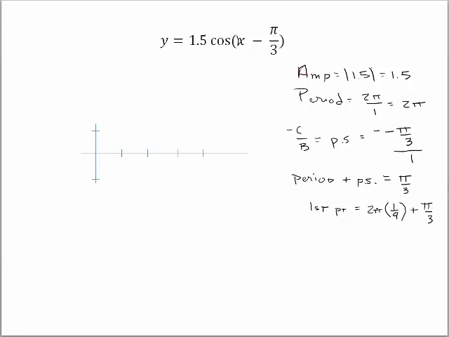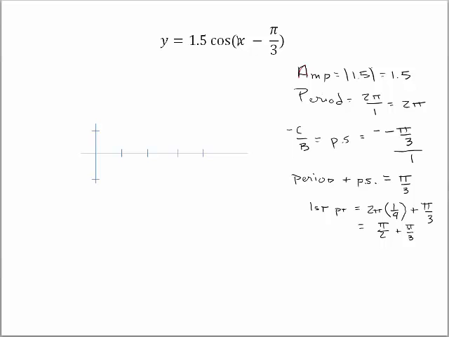So what do we have here? Let's finish this up. That would be pi over 2 plus pi over 3. Oh, already we fall into this. Remember that when we're adding fractions, we have to find the least common denominator.